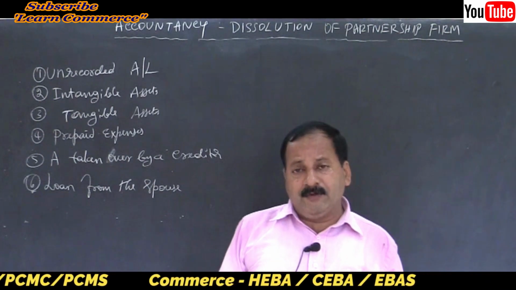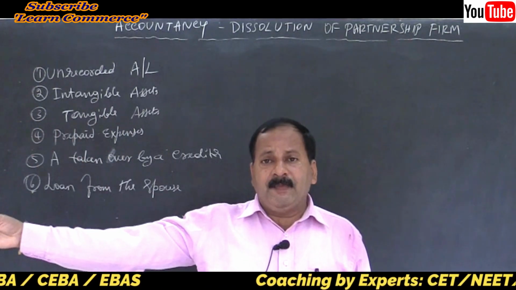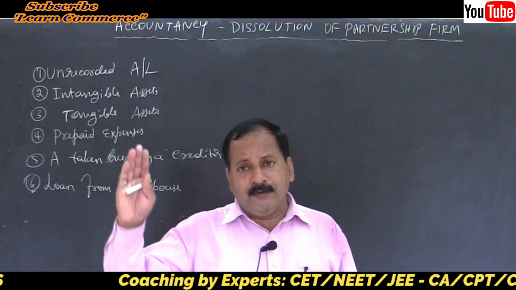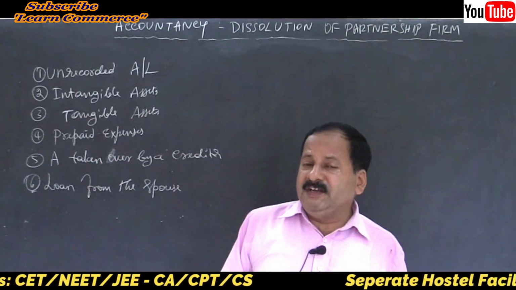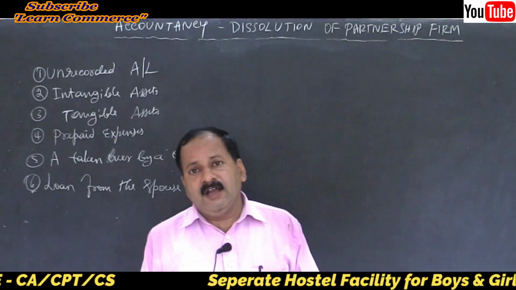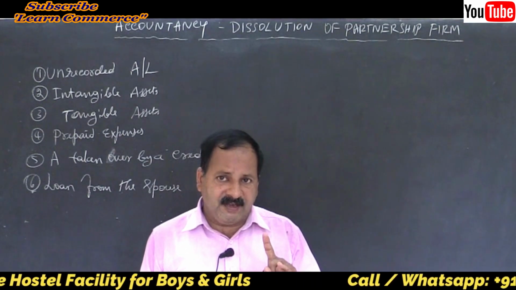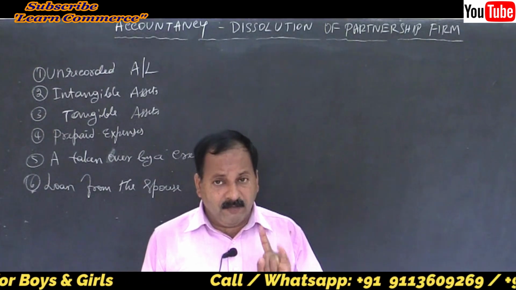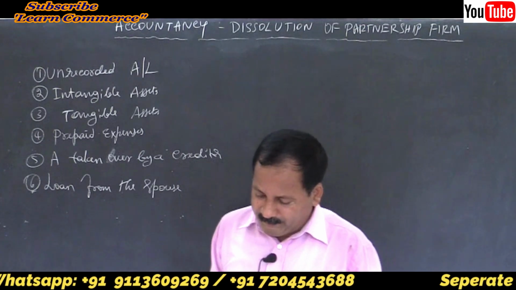Admission and retirement, we have treated that, isn't it? Straight away we used to transfer it to partners' capital account, any profit or reserves credit side, any losses on the debit side, right? That is what you have to do here also, and it should be distributed in their profit sharing ratio. Only one ratio will be there. I already told you there will be only one ratio in case of dissolution of a partnership firm.